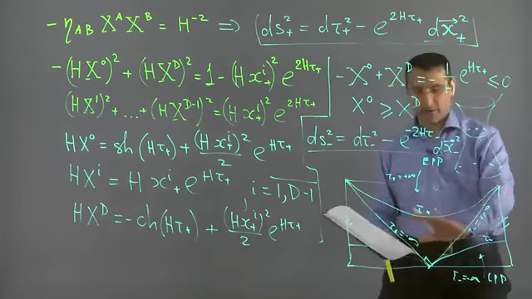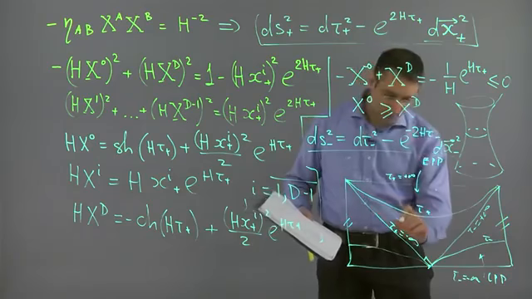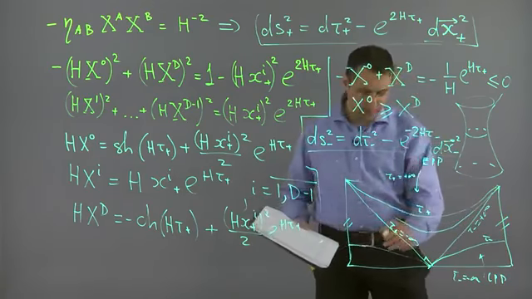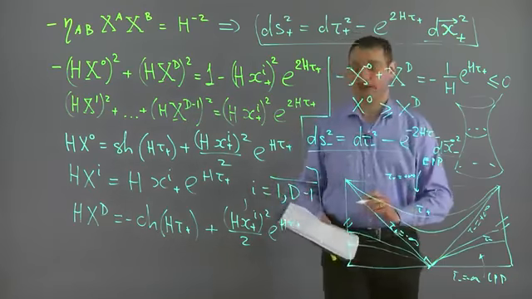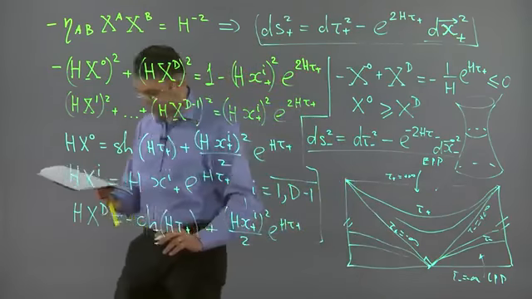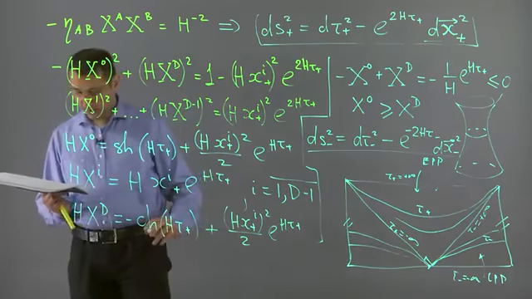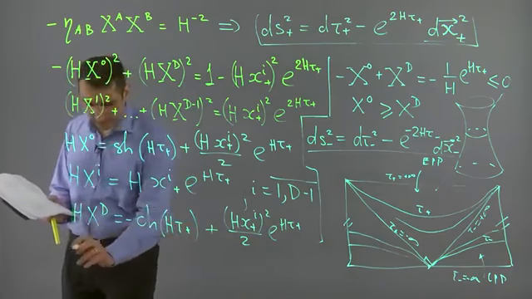So we have the expanding Poincare patch, where spatial sections are expanding, and here is the contracting Poincare patch, where spatial sections are contracting. It is convenient to introduce so-called conformal time here.